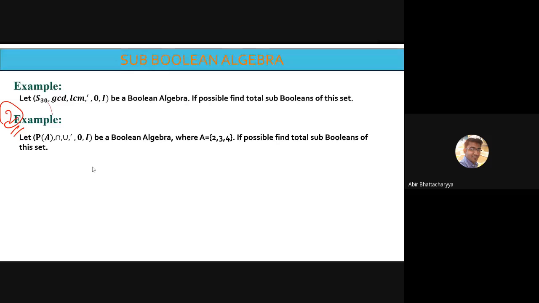Alright, if you look at this case in this power set algebra, phi is going to be your 0 element and A is going to be the I element.